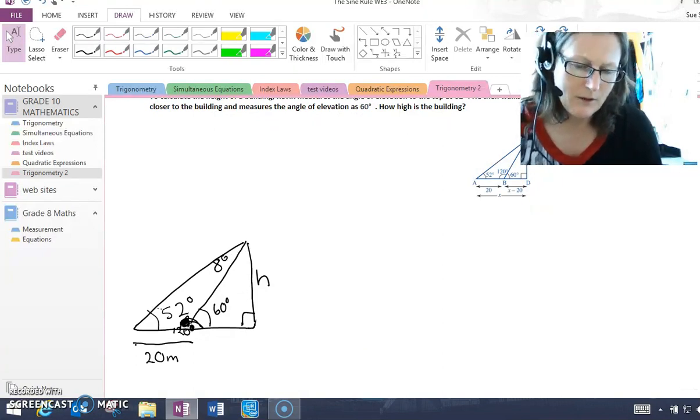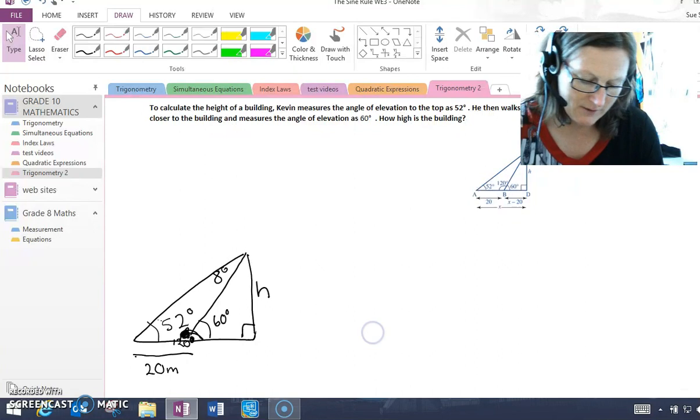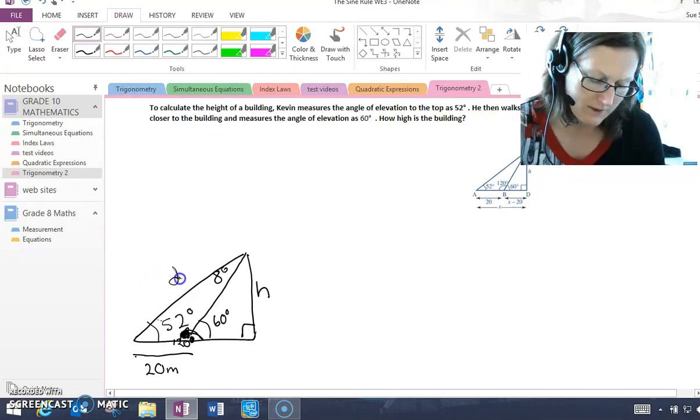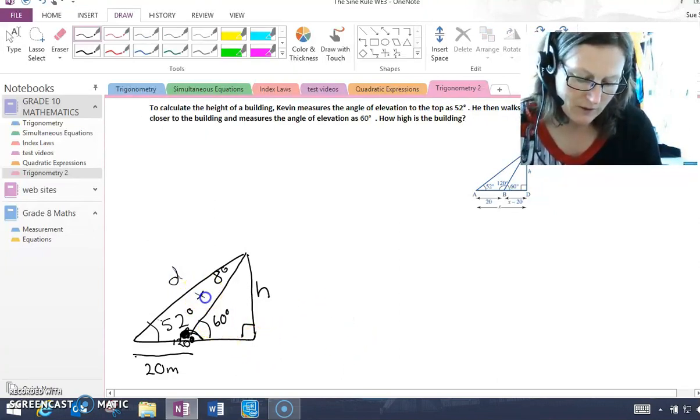From this, I could find out this distance here. We'll call it D for distance. How can I find that out? Well, let's look at this triangle here, because you can see there are three triangles, but I'm looking at this one here.